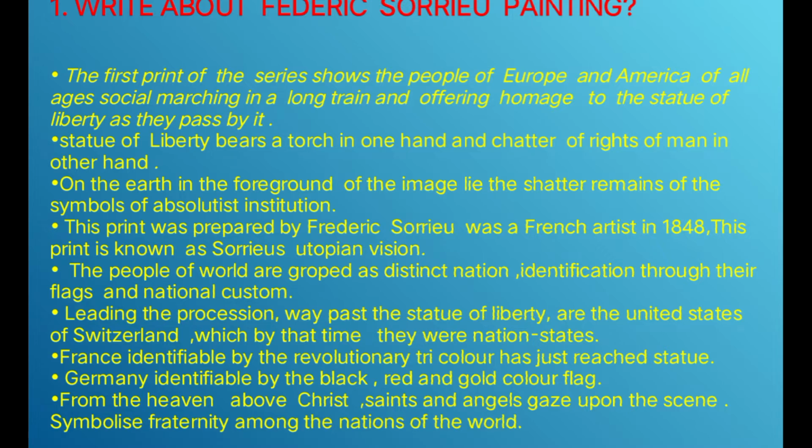This is the vision of Frederick Sorrieu, a French artist, who has described this image.